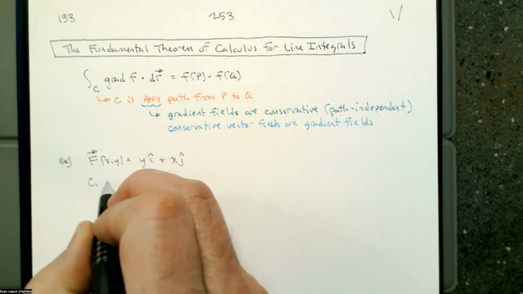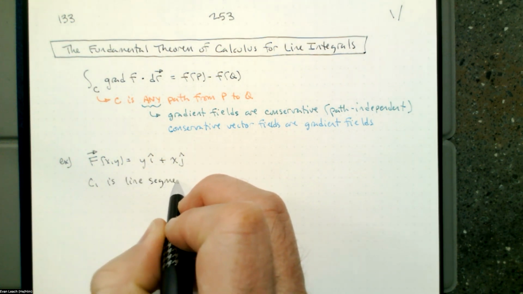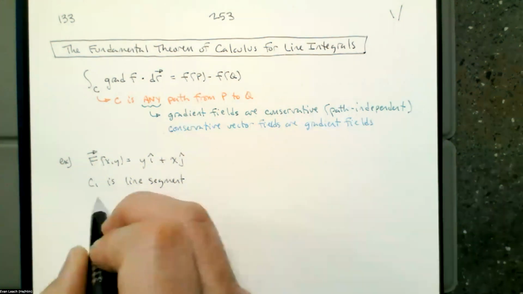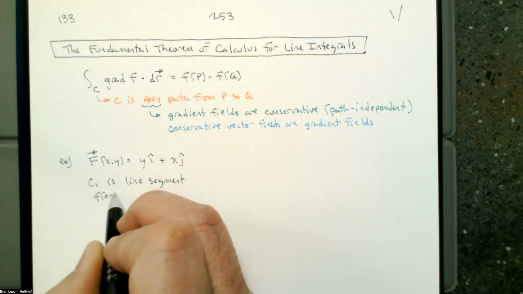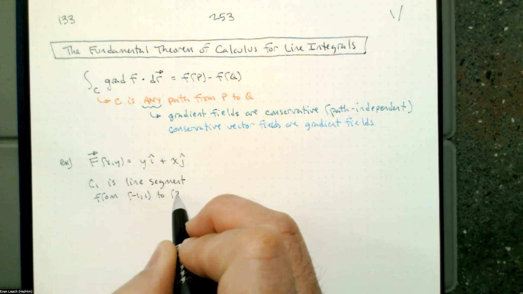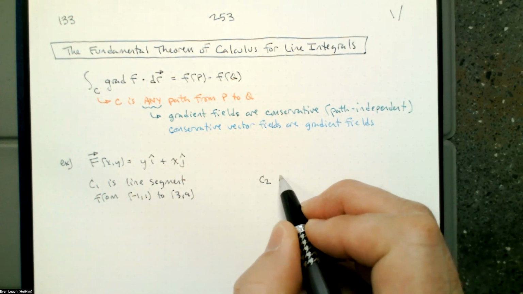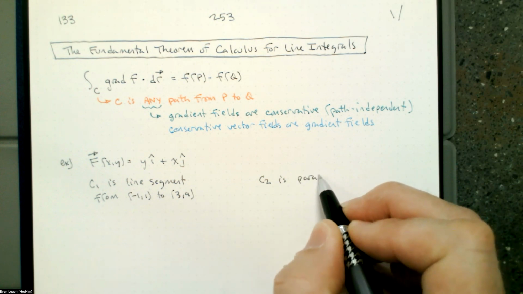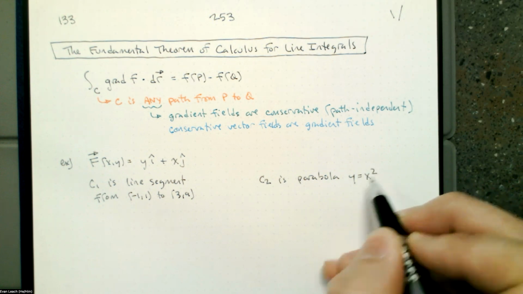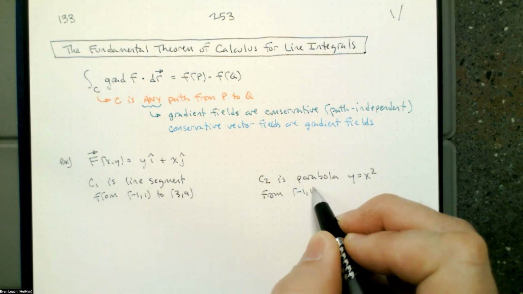So C1 is the line segment from (-1, 1) to (3, 9). And C2 is the parabola y equals x squared with the same endpoints.